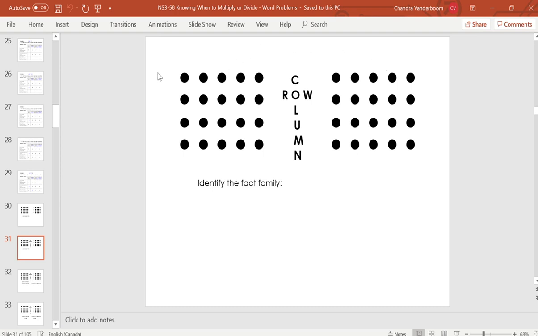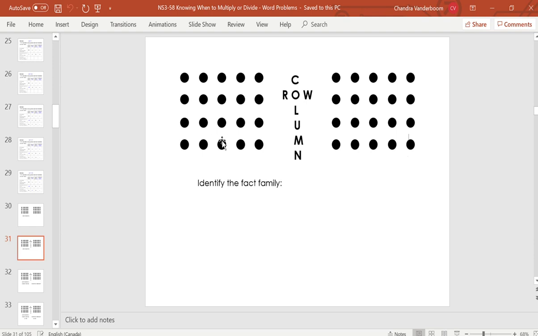So if we know that, then let's look at this here. If we look at rows, we have 1, 2, 3, 4 rows with 5 dots in each row. We have 1, 2, 3, 4, 5 columns with 4 dots in each column.